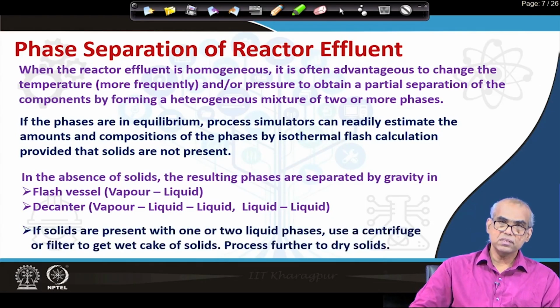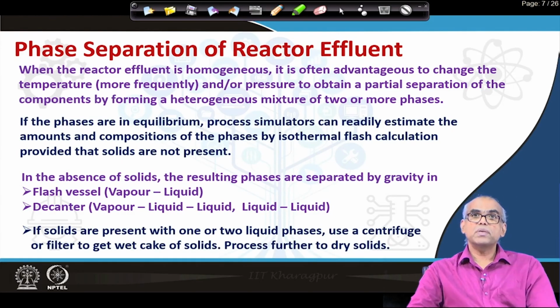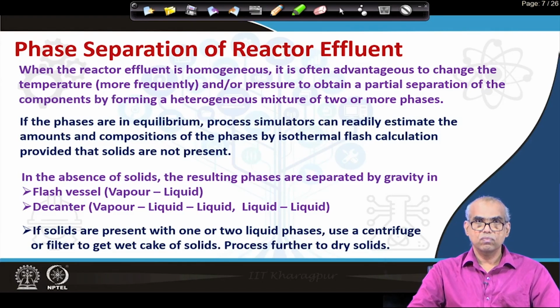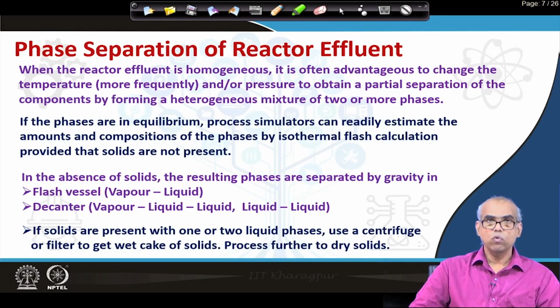But if solids are present with one liquid or two liquid phases, we can use a centrifuge or a filter to get wet cake of solids, and then this wet cake can be further processed to dry solids, and also we can separate the mother liquor from the wet solid.